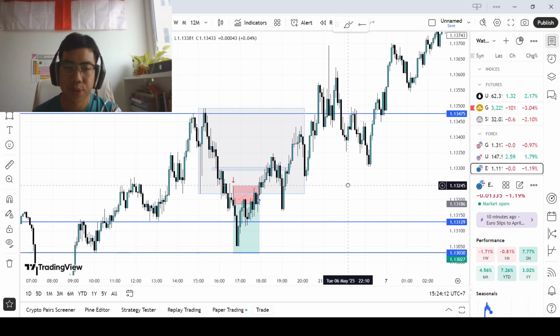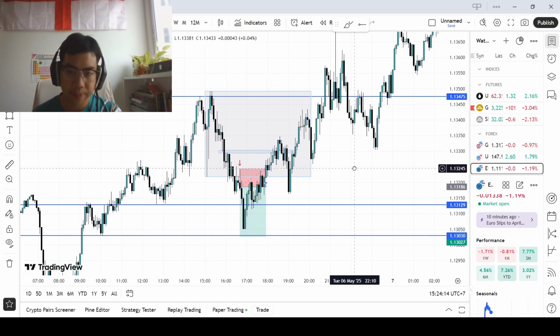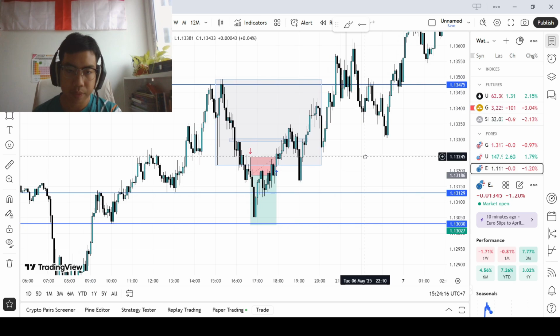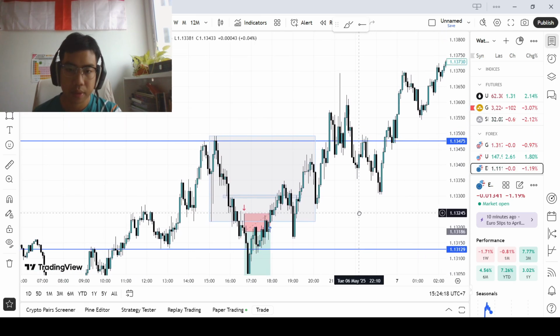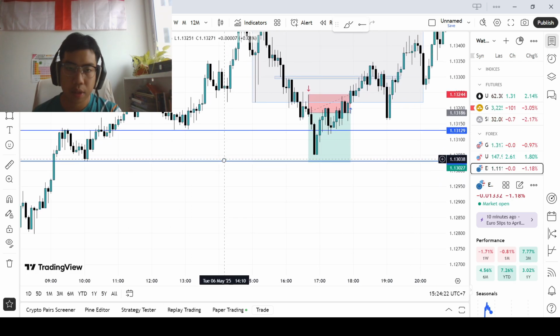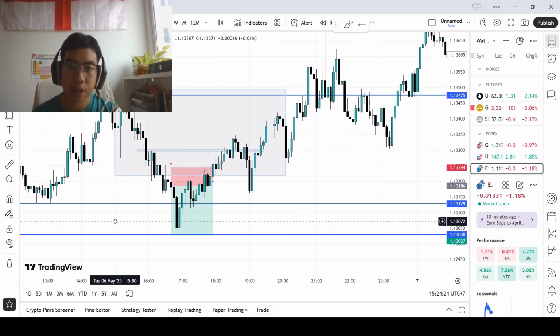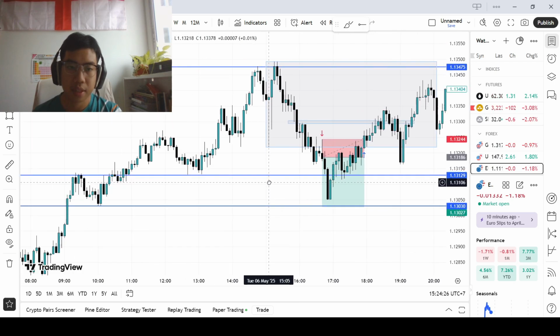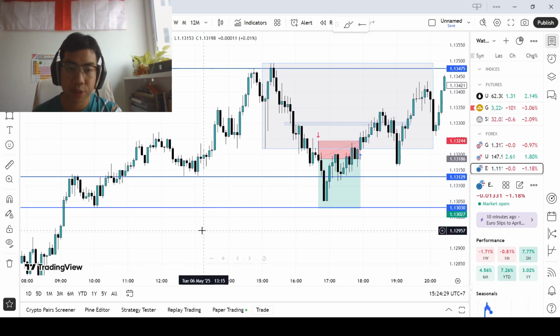So I will have to keep this trade in mind. The only thing I could think of that I did wrong was being too optimistic about where price was going to draw to.